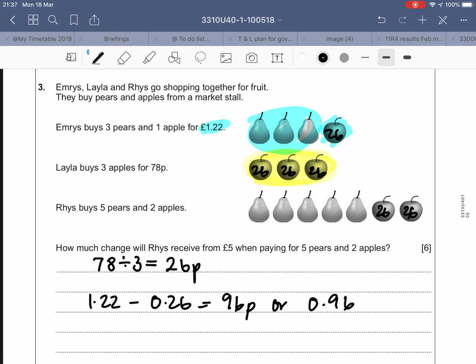And then if I take, like before that, 96 pence and I share it 3 ways, then I'll have the cost of 1 pear. And 1 pear costs 32 pence. So each of these pears is worth 32.